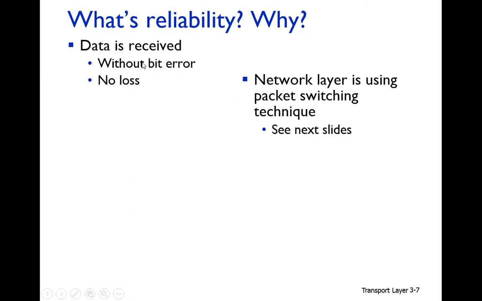Reliability also means the data is received without loss. There is no packet loss, there is no data loss. The data is received without bit error and without loss, and the third thing, the data is received at the receiver in the order in which it is sent by the sender.